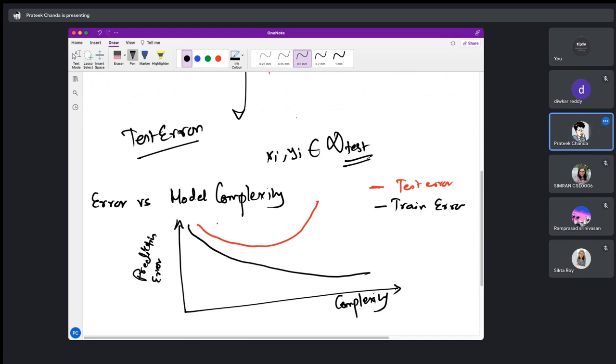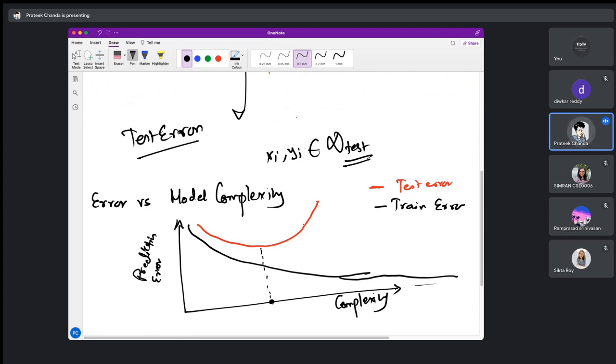At this point, I have some model complexity, and you see my training error decreases and my test error also decreases. But as I increase model complexity, my training error drops to almost close to zero.